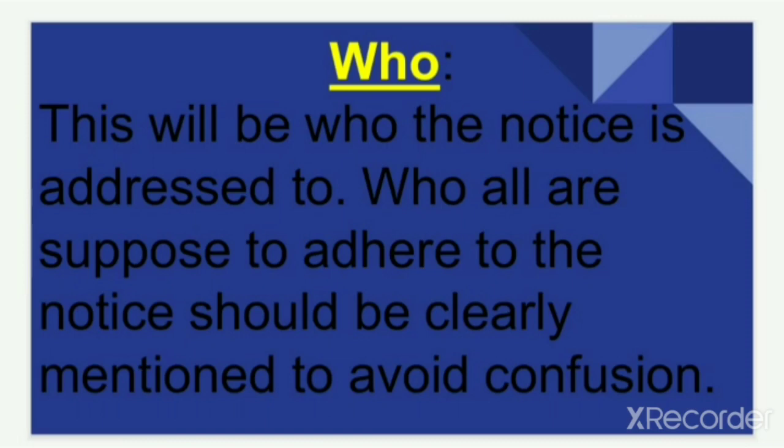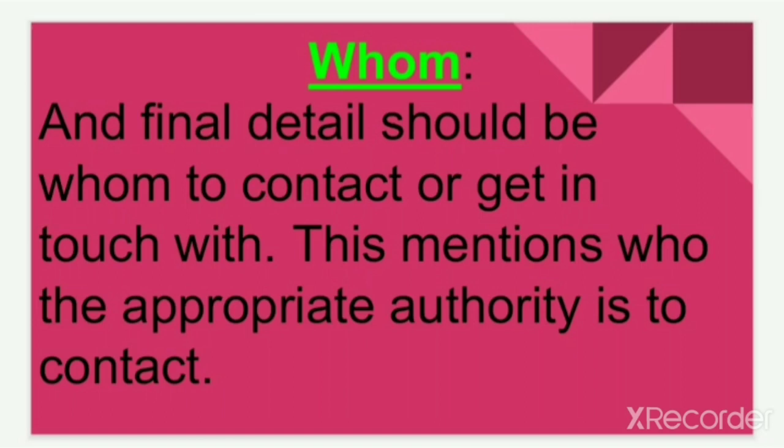Who all are supposed to adhere to the notice should be clearly mentioned to avoid confusion. The next W is whom, and the final detail should be whom to contact or get in touch with. This mentions who the appropriate authority is to contact. So this is how we have to mention all 5 W's in a notice.